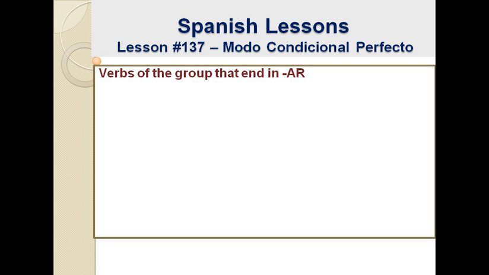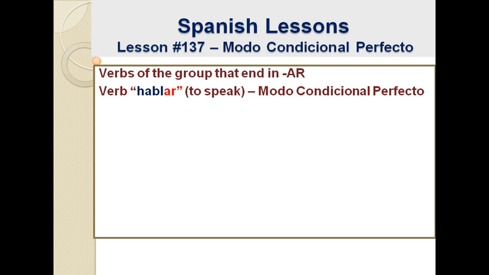The first group, the ones that end in AR, is the biggest of the groups, and it's also the one that has fewer irregular verbs, right? So let's begin with this one, and we'll choose the verb hablar as an example of a regular verb of this group. Hablar means to speak.